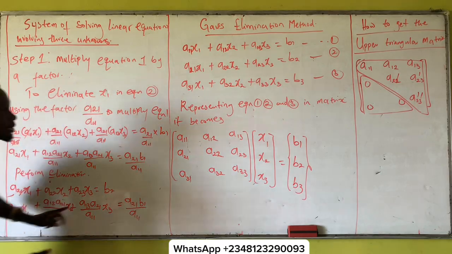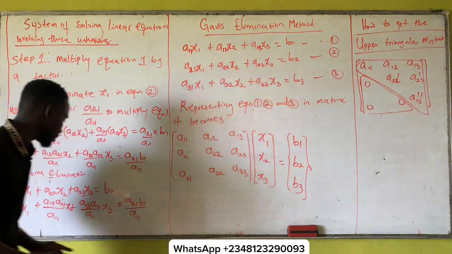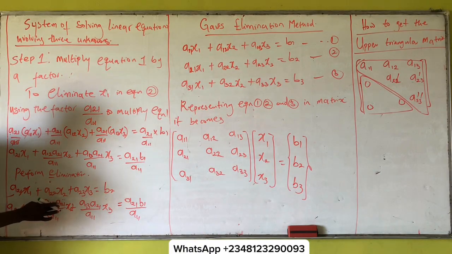Now if we subtract this from this, since it's at A22, if we subtract, we know that we're going to have an answer. Let's call that answer A22 prime.